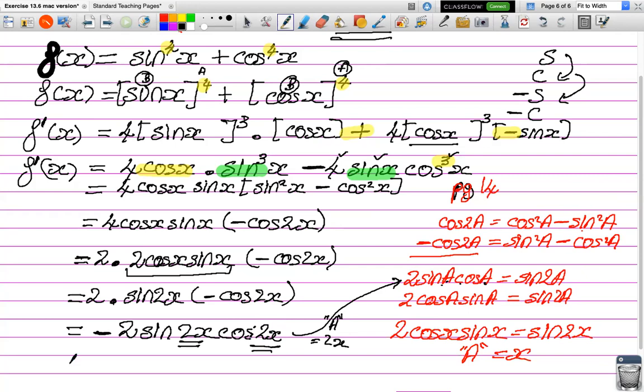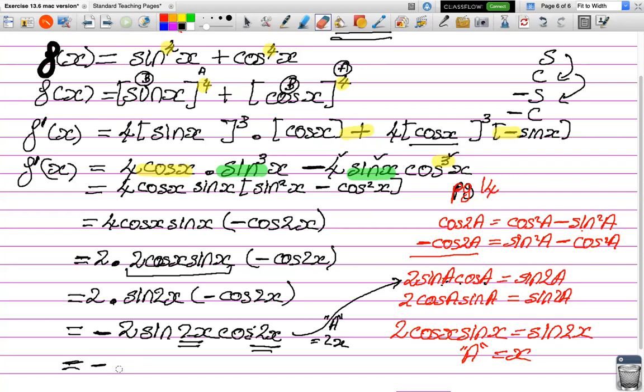So therefore we now know that's going to be equal to minus 2 sine A cos A is going to be equal to sine 2A.